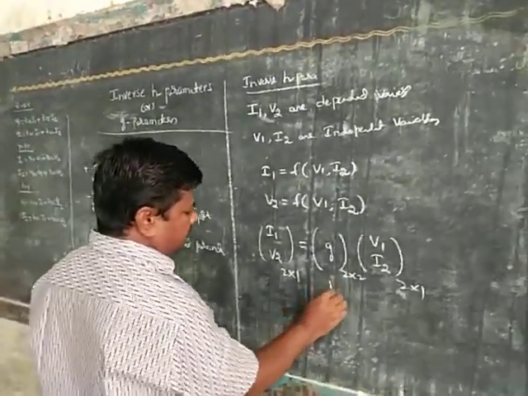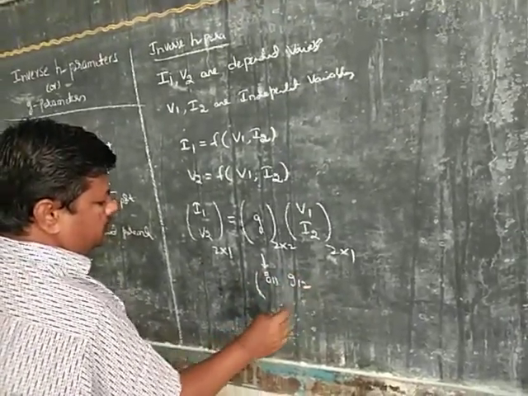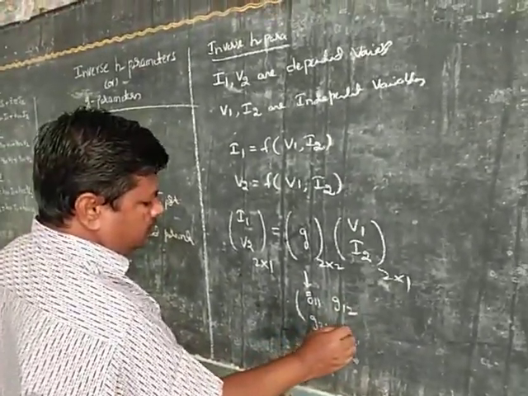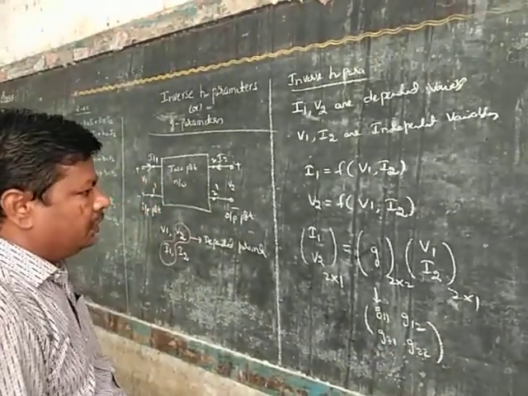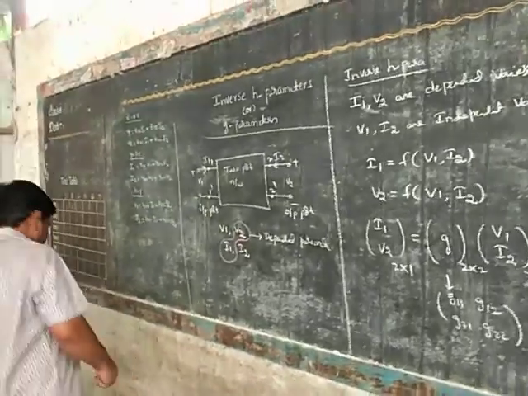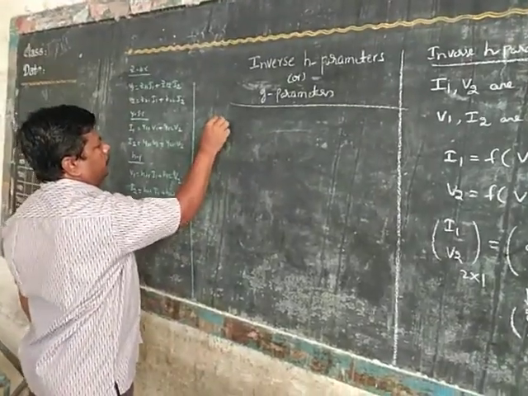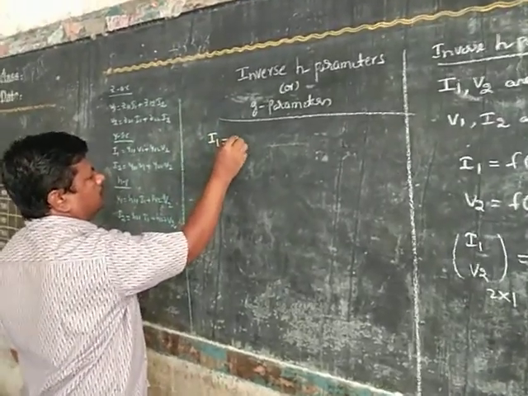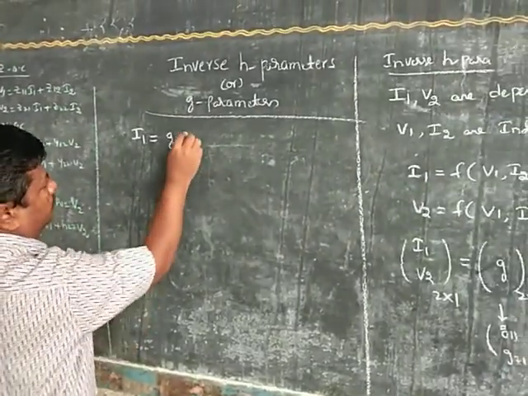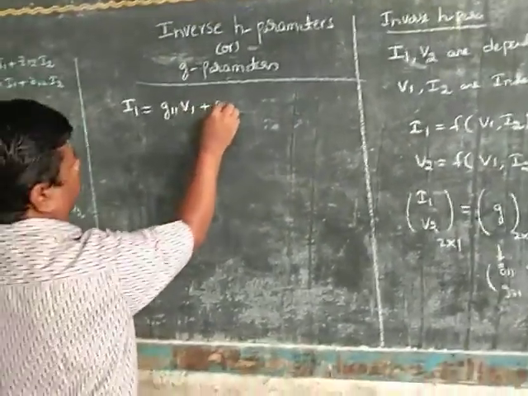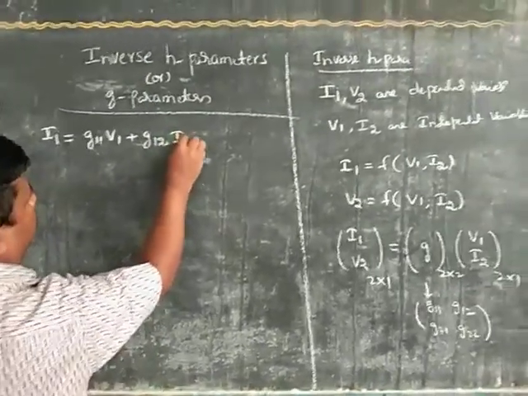Where G matrix is G11, G12, G21, G22. Coming to the equations, I1 is equal to G11 into V1 plus G12 into I2.